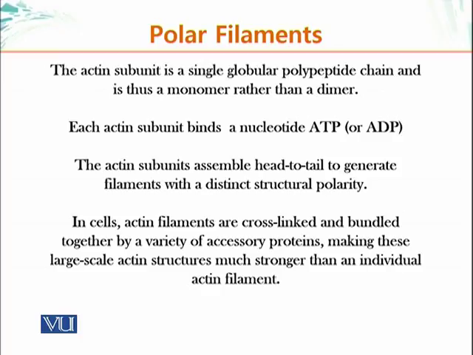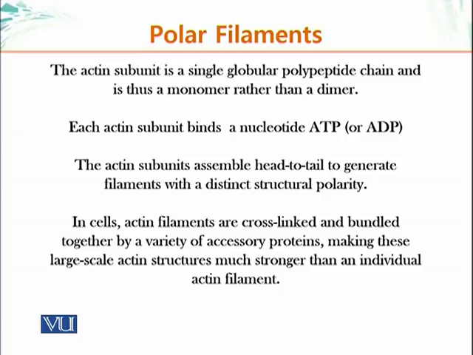Each actin subunit either binds to an ATP or an ADP. We saw in case of microtubules, it was the GTP or the GDP. We'll talk about the differences later on. But actin filaments bind ATP rather than GTP. Actin subunits assemble head to tail to generate filaments with distinct structural polarity.